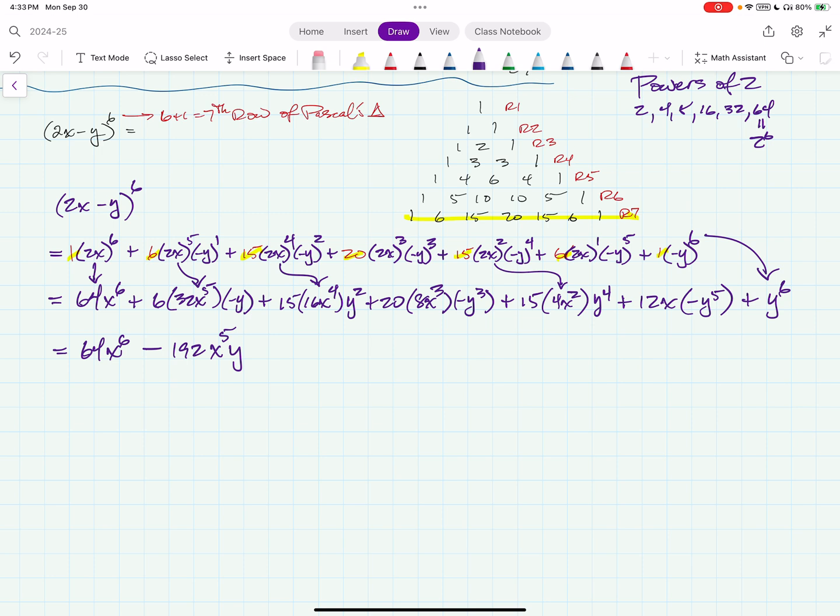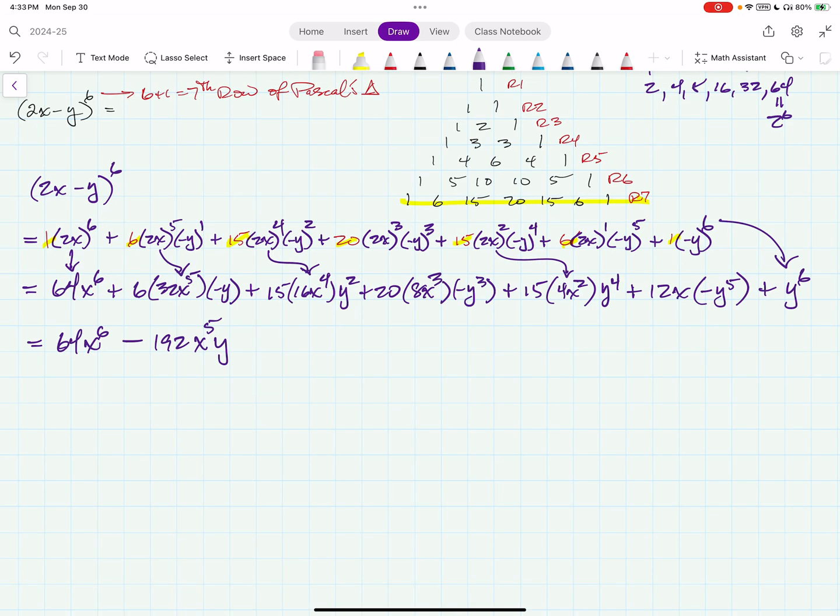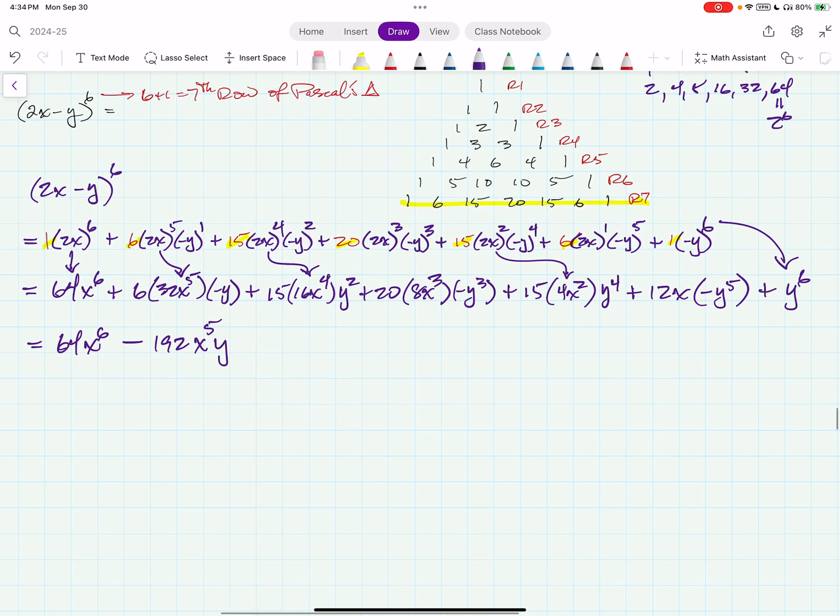Okay, that's it. Okay, and then we have 15 times 16. Now 15 times 15 would be 225 plus another 15. That's 240. Okay, so if you can't do that in your head, you go multiply 15 times 16 and you get 240.